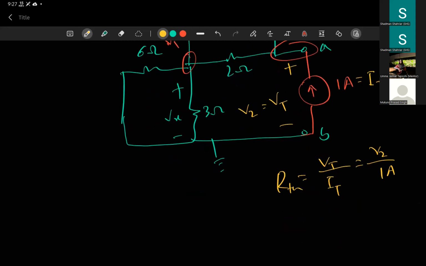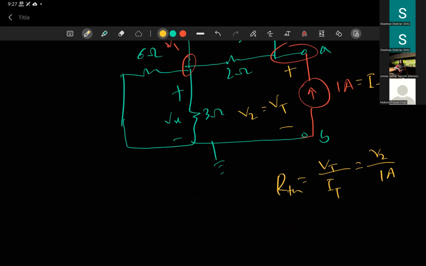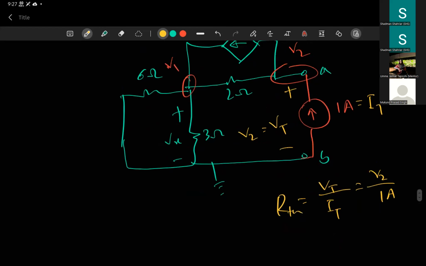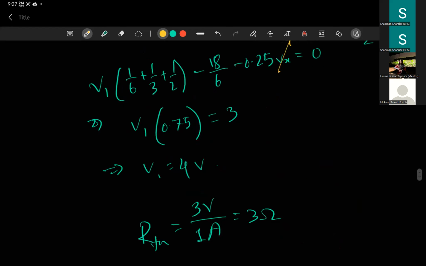If this value is negative, it's negative, so no need to worry about that. So this is how you do Thevenin. There is basically no exception. All you have to remember is that if you have 0 ampere short circuit or open circuit voltage, you have to apply a test current source.